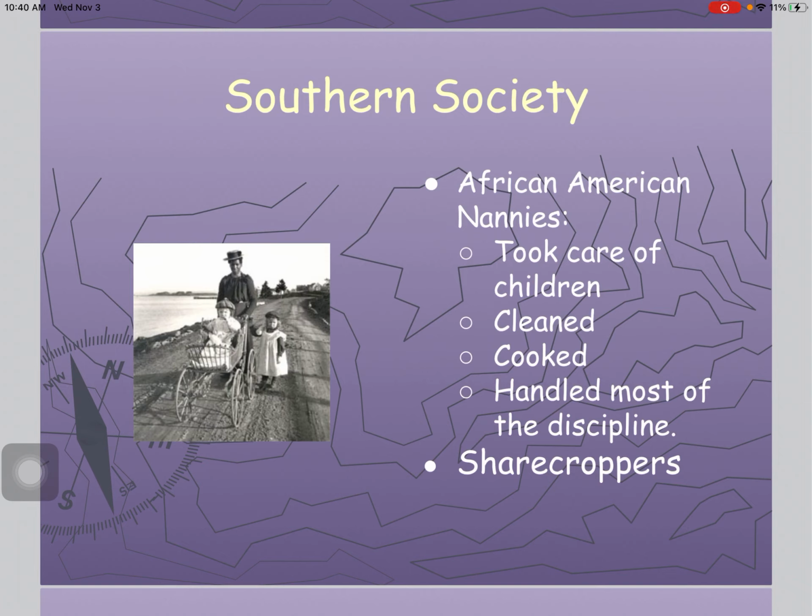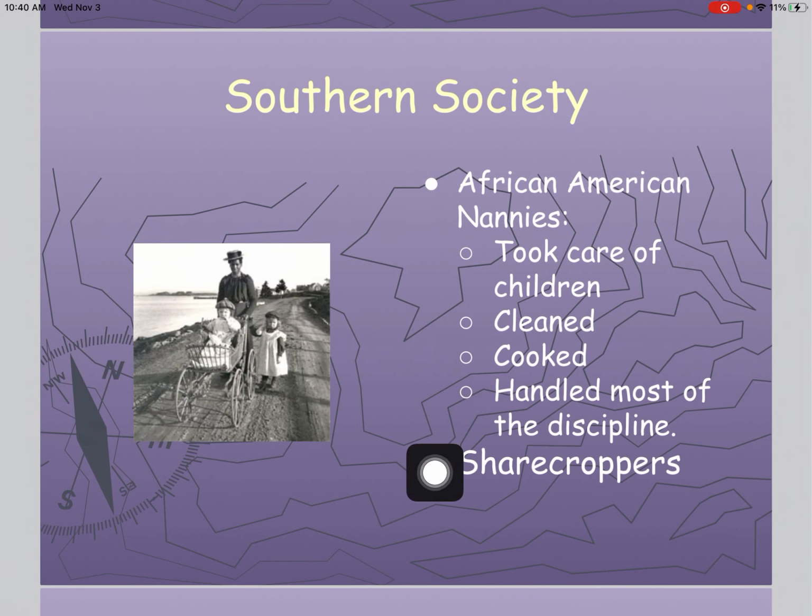Maybe very few families had that because they didn't have the money. But I just want to point this out because Jem and Scout do have a nanny. Her name's Calpurnia. However, they treat Calpurnia like family, but that wasn't the case in all Southern households. A lot of times these women were treated very poorly, not paid what they should have been paid.